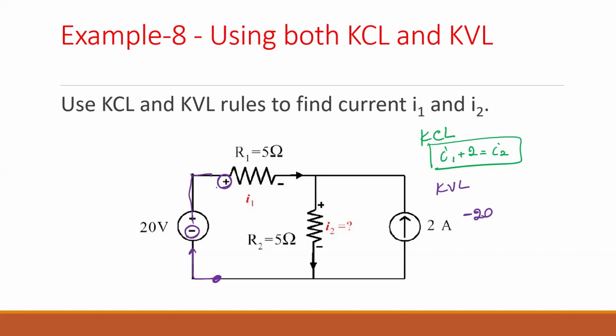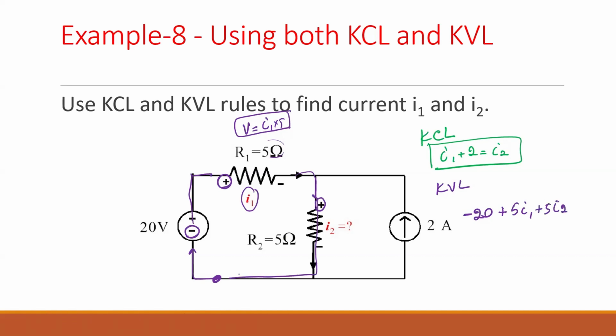So how do we know the voltage here? This voltage is equals to I1 times 5. Do you agree with that? Resistance is 5, the current is I. So instead of putting a V, unknown V, we can just say this is equals to plus 5I1. And we are going to the positive side of this one. So that will be plus 5I2.